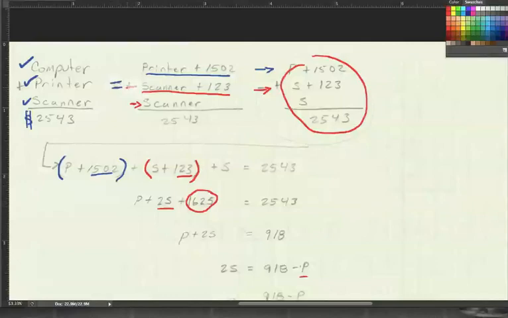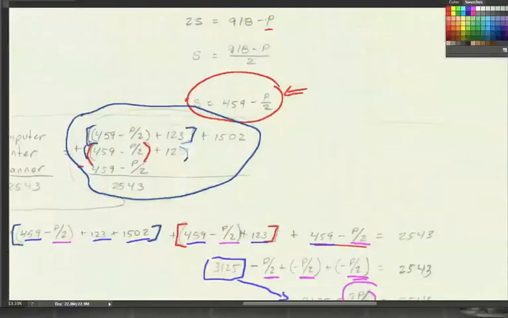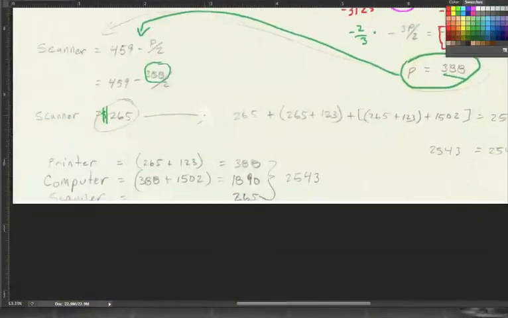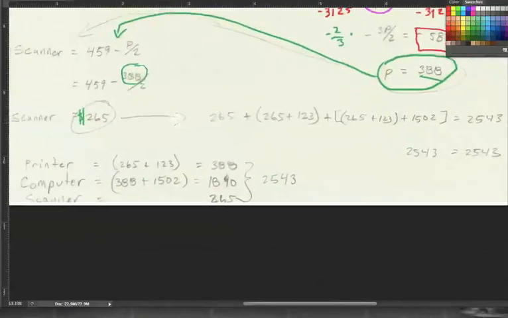Now that I have the scanner's information, I can solve for the printer. I know the printer is just the price of the scanner plus 123. That gives me $338. Now that I have the price of the printer, I can plug it into the formula. I'm going to undo that so you can see.